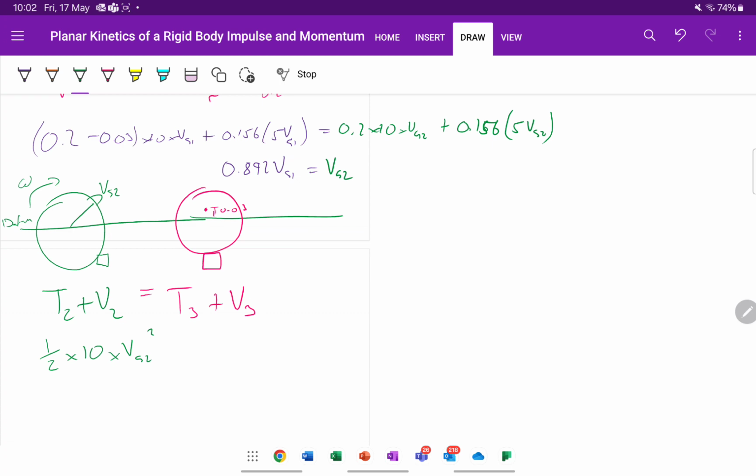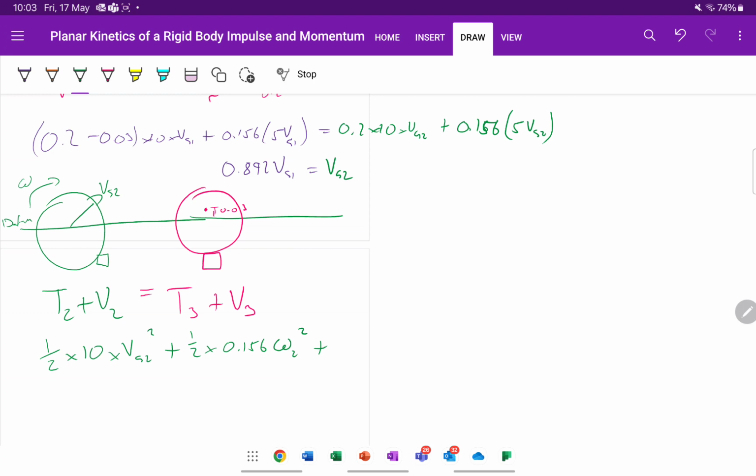So that's our linear, translational kinetic energy. We've also got half times 0.156, so half Ig omega 2 squared. That's our rotational kinetic energy, so both of those components.